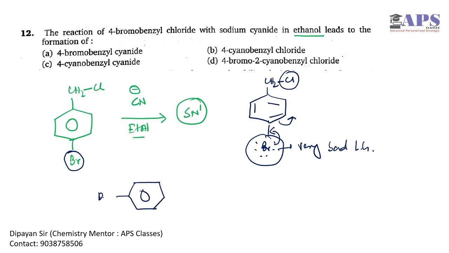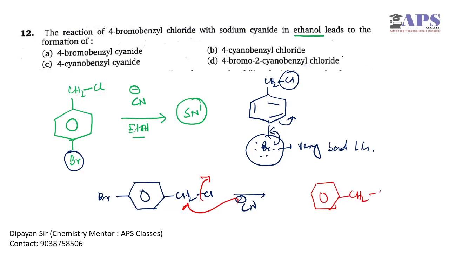So if we react this molecule with cyanide, we can see this cyanide can approach from here and this chlorine will be eliminated and the final molecule will be this. Okay, so in question number 12, this is 4-bromobenzyl cyanide. So option A is the correct option.